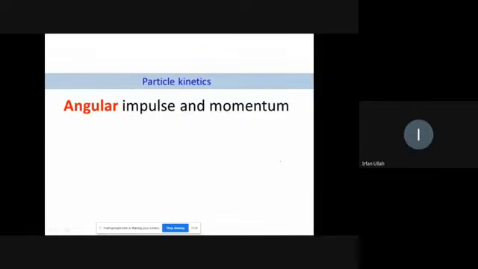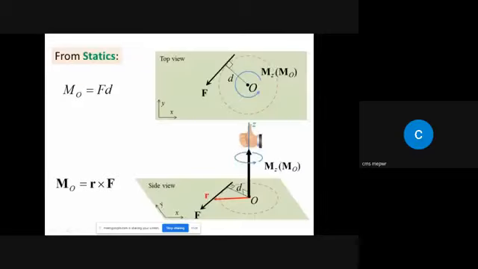So let's go to angular impulse and momentum. Before understanding angular impulse and momentum, let's recall a few topics from our statics, especially the moment.